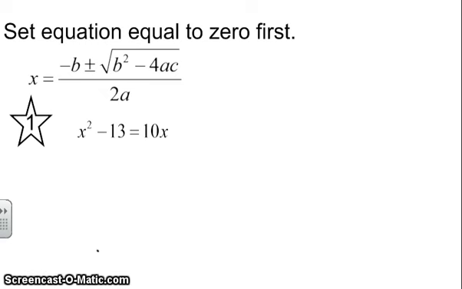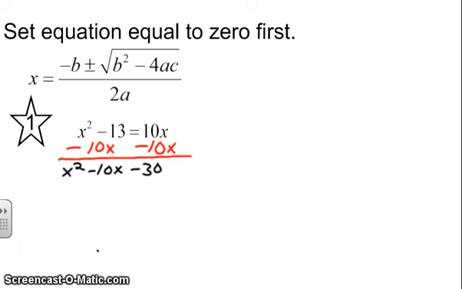So I'm going to subtract 10x from both sides. And then I'm going to rewrite this in standard form. So x squared comes down, nothing is like with that. And then negative 10x, nothing is like with that. And then negative 13 equals 0.